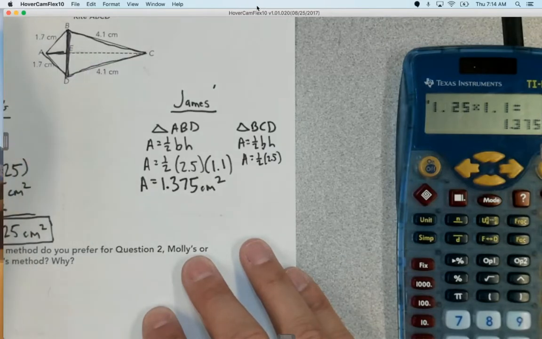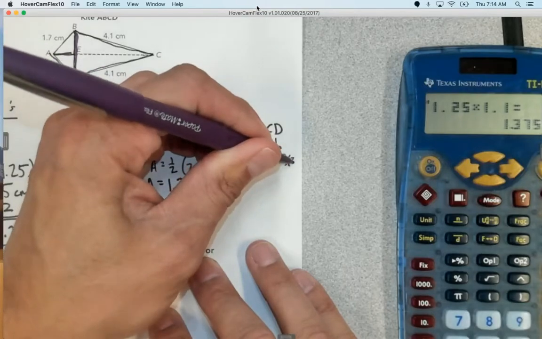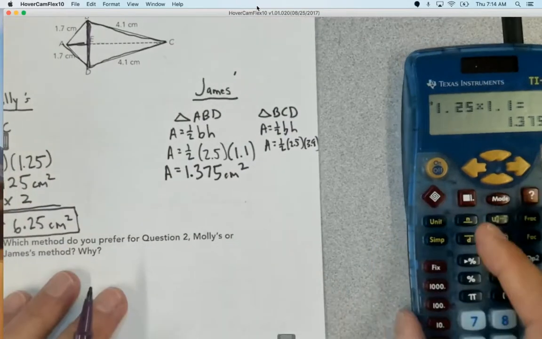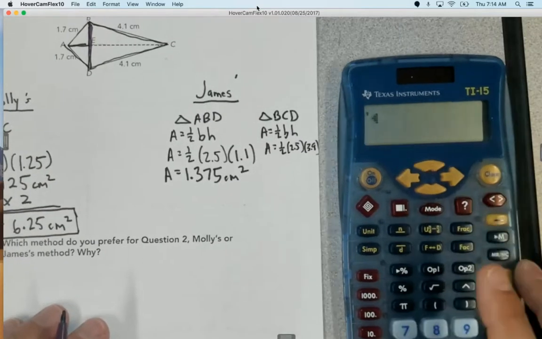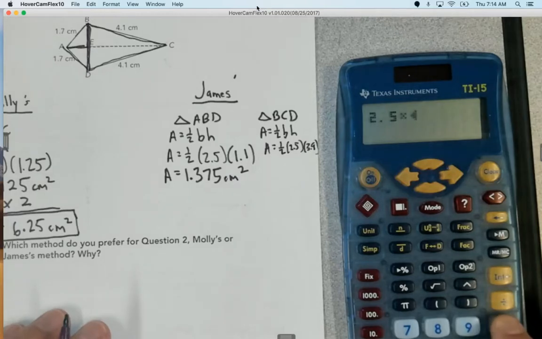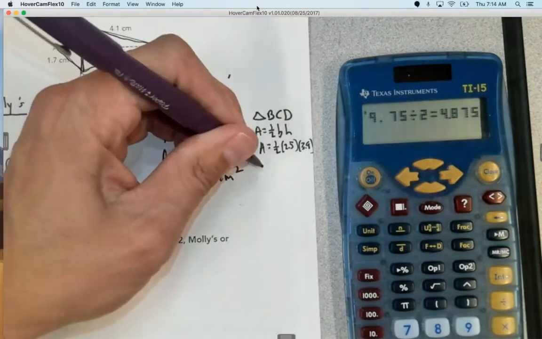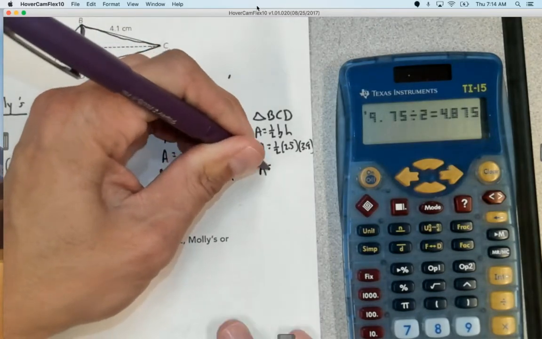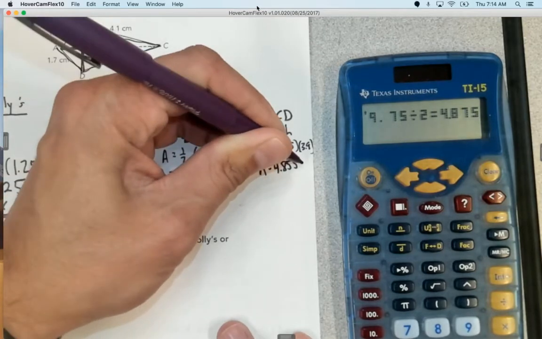And so CE is 3.9. Now I can take 2.5 times 3.9. Can divide that by 2. It's the same as multiplying it by 1/2. And then I get an area for that triangle of 4.875 centimeters squared.